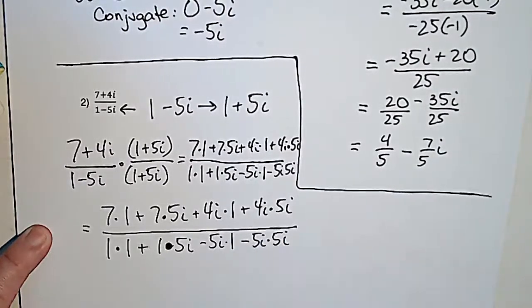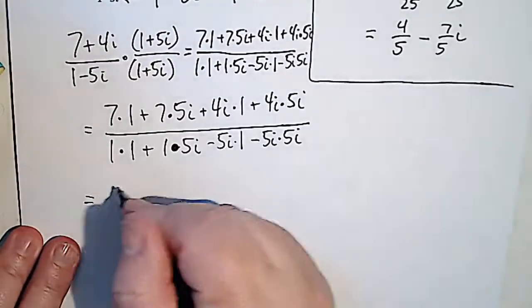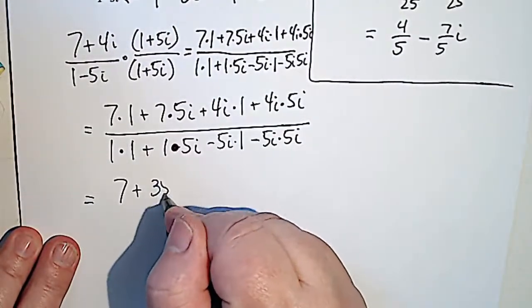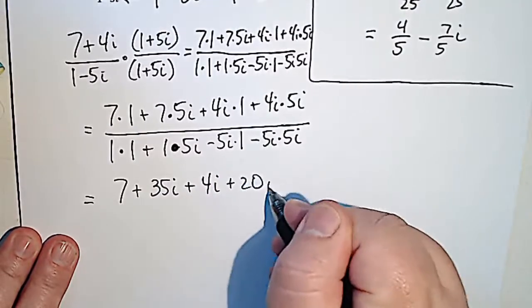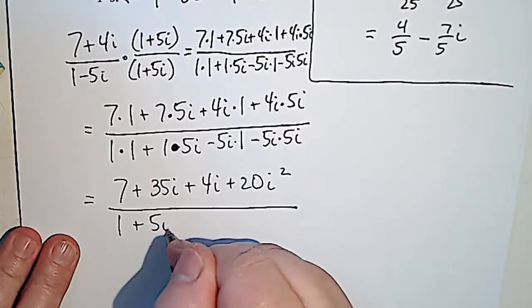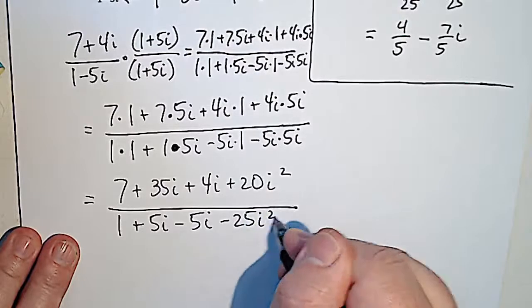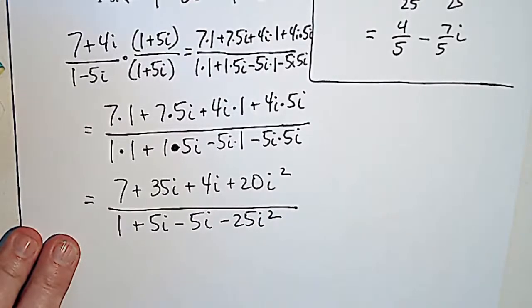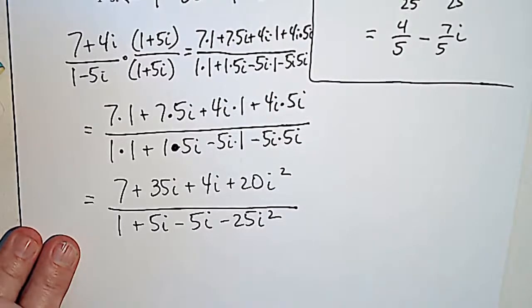Now you can see when we really get going how important it is to make sure your i's do not look like ones. So up top, I've got 7 plus 35i plus 4i plus 20i squared all over 1 plus 5i minus 5i minus 25i squared. Remember that i squareds are not actually imaginary.